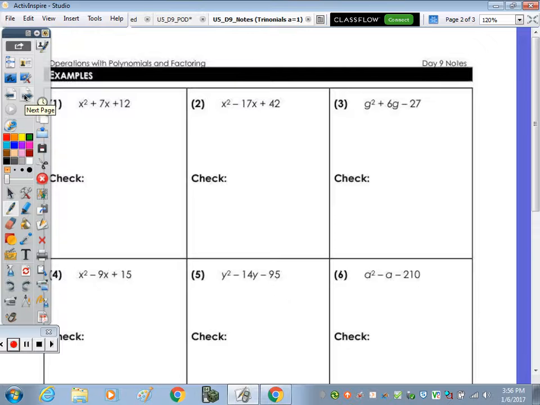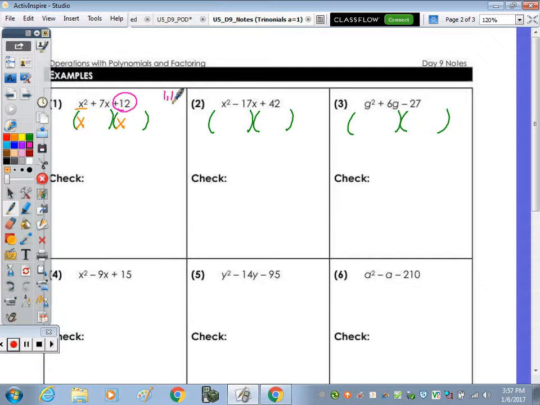We're going to factor x squared plus 7x plus 12. So I want to know what two binomials I multiply to get that trinomial. So I'm going to set up the parentheses for 1 through 3. What goes in the first spot is what multiplies to give you x squared, and that's x times x. In the second spot is what multiplies to give you 12.